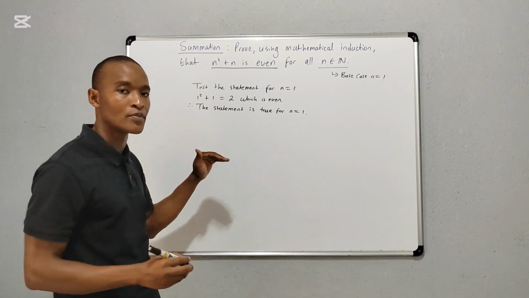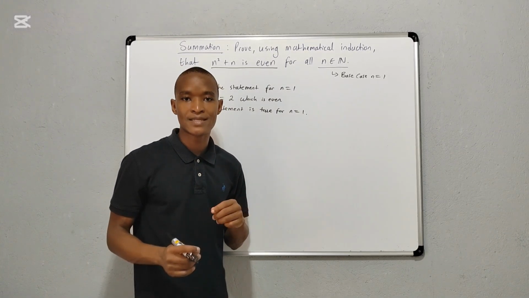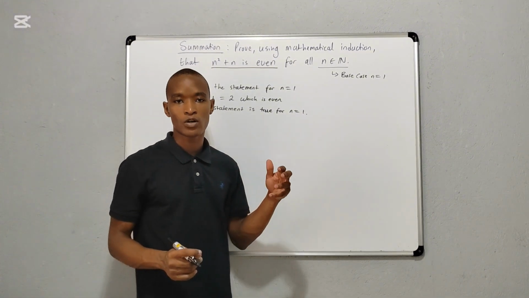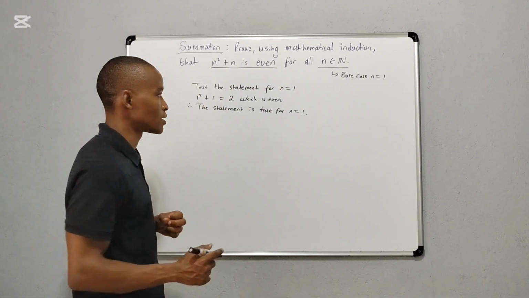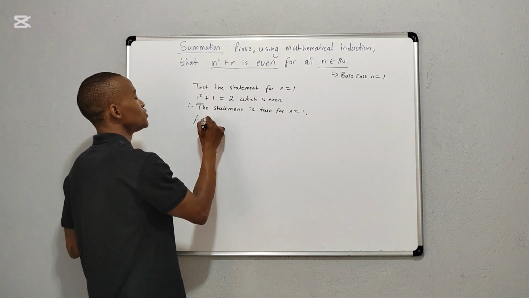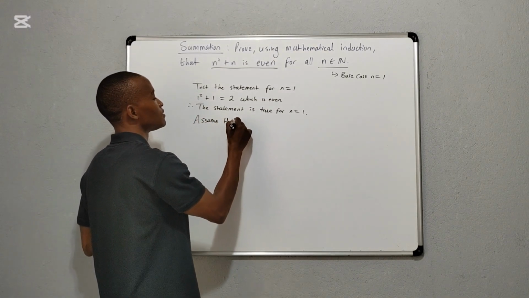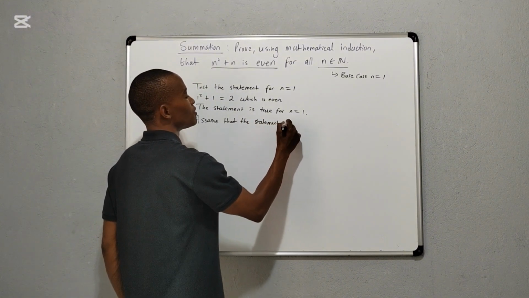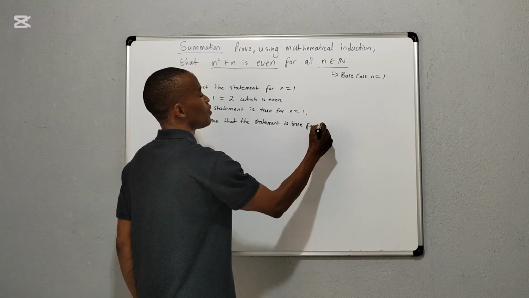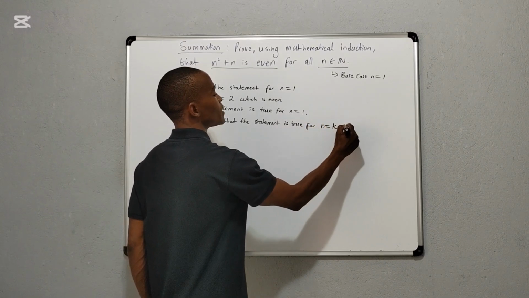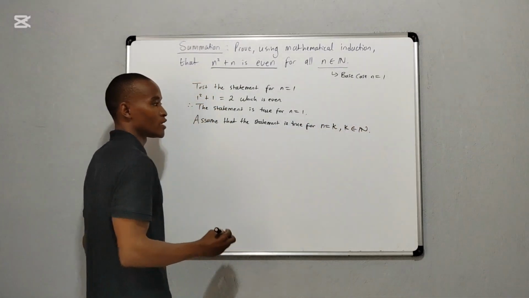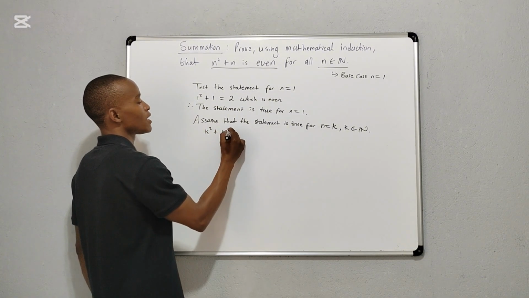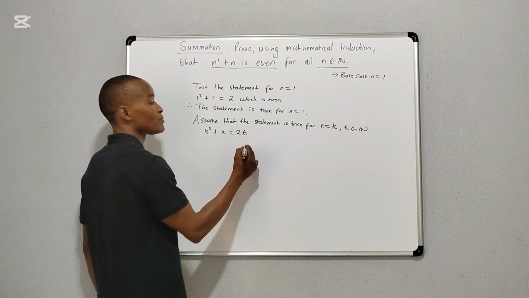Now we go to the assumption step, where we produce the inductive hypothesis to say: assume that the given statement is true for n equal to k, where k is an element of natural numbers, such that k squared plus k is equal to 2 times t.